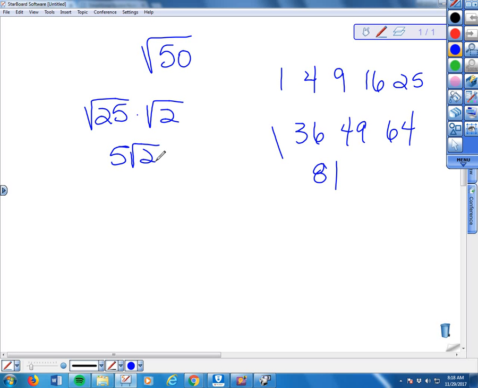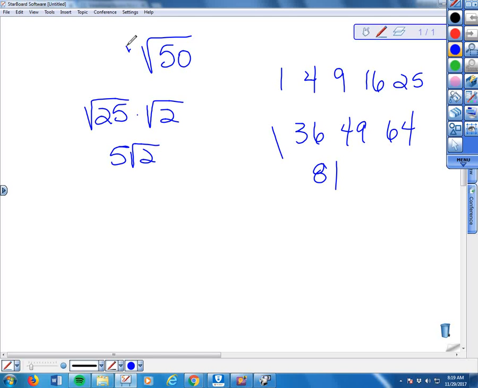Okay, so if you put this as an answer as we go forward in this chapter for one of your problems, you're going to lose a quarter of a point for not simplifying it to 5 square roots of 2. And you're going to start seeing a lot more radicals when we learn the quadratic formula and learn how to solve quadratics by completing the square.